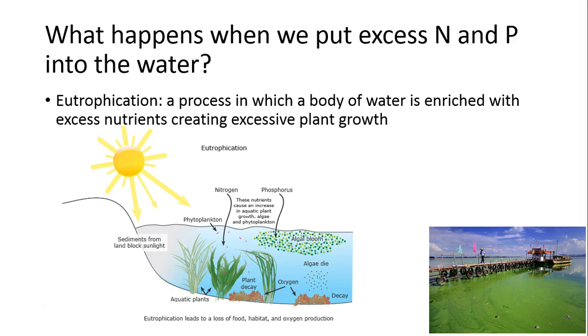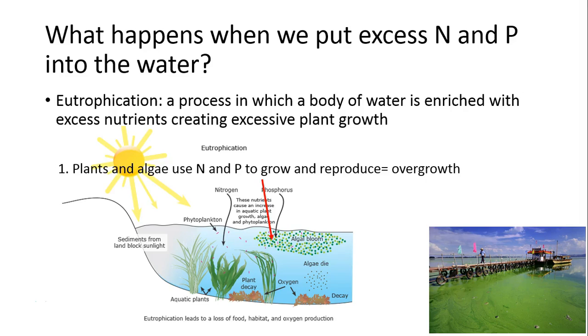Now, sometimes we end up with excess amounts of nitrogen and phosphorus in our waterways. Eutrophication is where you have a body of water that has too many nutrients, basically. And because there are so many nutrients, you end up having a huge amount of plant growth and algae growth in your waterway, which doesn't sound so bad at first, but let me tell you what happens with that.